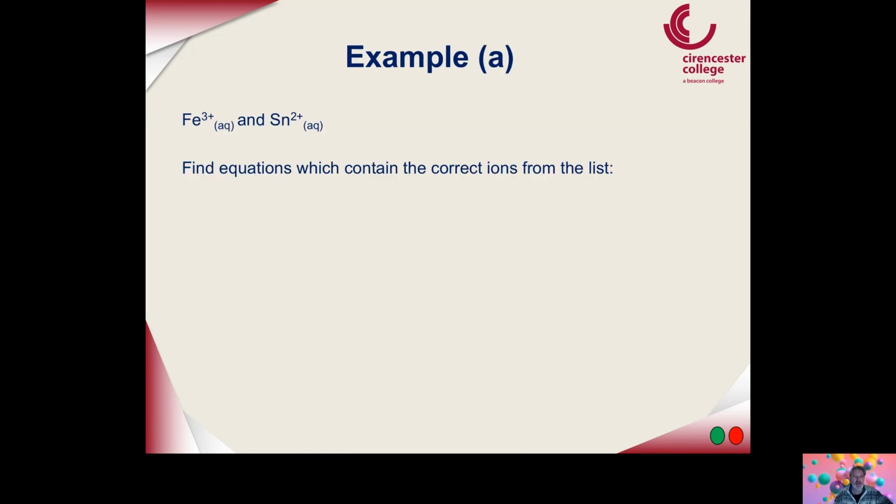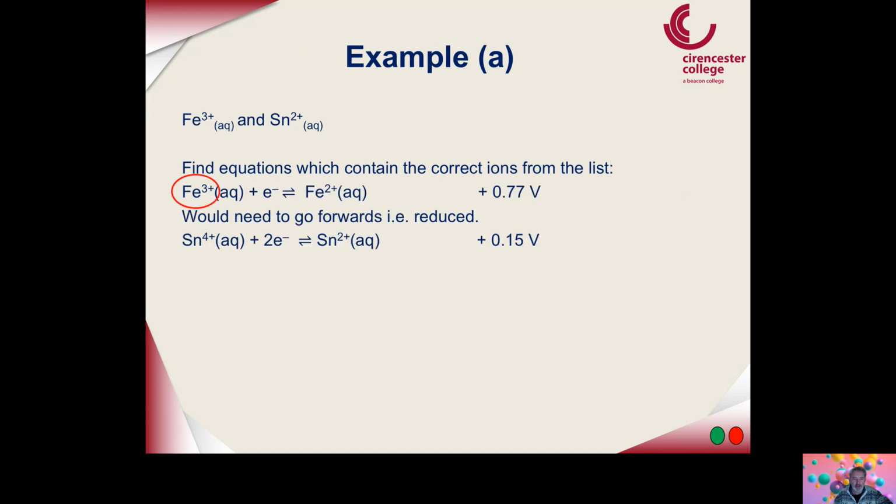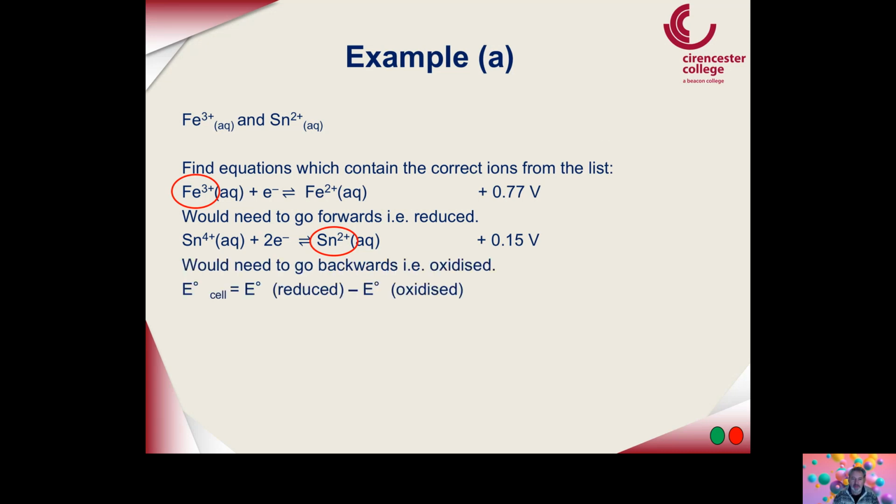Okay, so here is an example. Fe3+ and tin 2+ contain the correct ions from the list. We would need to do the forwards, i.e. reduced. The ion is more positive, so it's going to go in the reduced direction, Fe3+ to Fe2+, and the tin is going to go in the more oxidized direction, from 2+ to 4+. Therefore we've got the reduced minus the oxidized, or left-hand side minus right-hand side.